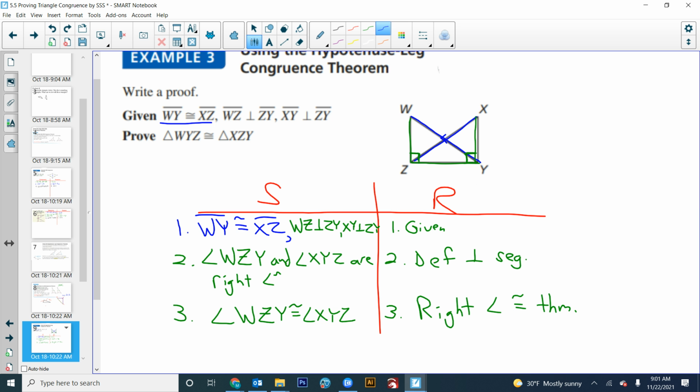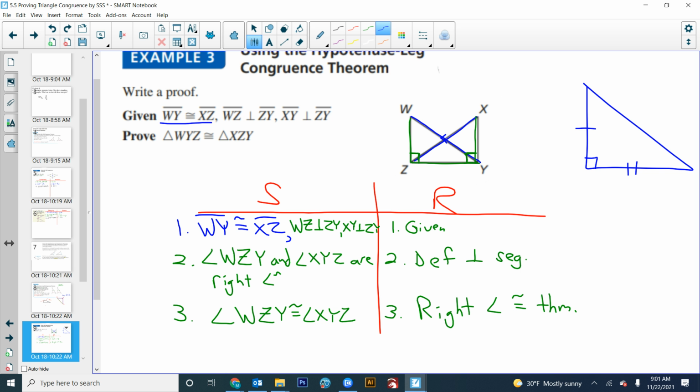Do you agree you might still try to keep going with SAS? Because we have an angle and we have a side. Okay, one red flag. With SAS, the A has to be between the two sides that you have shown tick marks on, right?